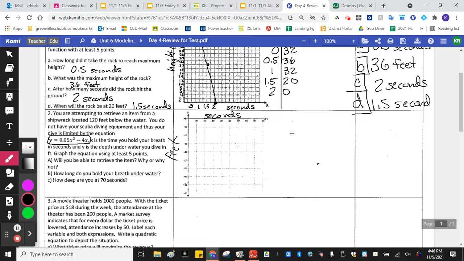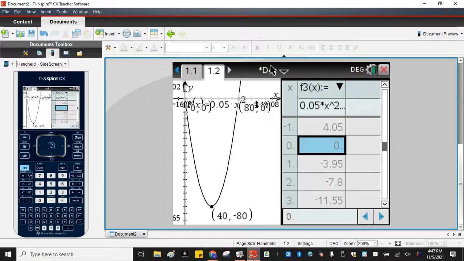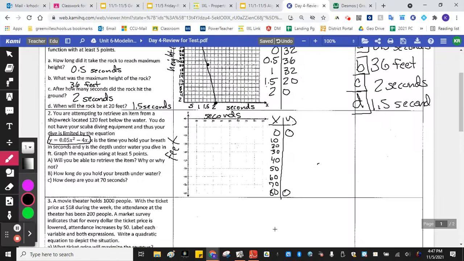Okay, so X, Y. I'm going to count by tens: 0, 10, 20, 30, 40, 50, 60, 70, 80. 0, 0; 80, 0; 40, negative 80.